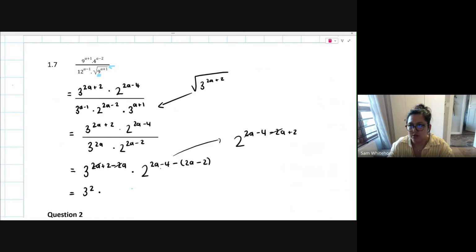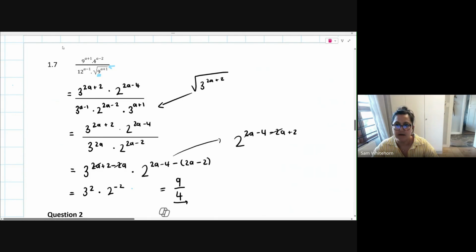So 2a minus 2a gone, minus 4 plus 2 becomes 2 to the negative 2. Okay, so the answer was right. We had just typed it wrong. So 9 over 4 is still the answer. But yes, I agree, that 2 to the power 2a shouldn't have changed. Thank you, Leander, for picking that up. So if anyone wants to screenshot that, all that had happened was that that had changed, but it shouldn't have changed. The answer's still right, but yes, there's the correct method. Thank you so much.